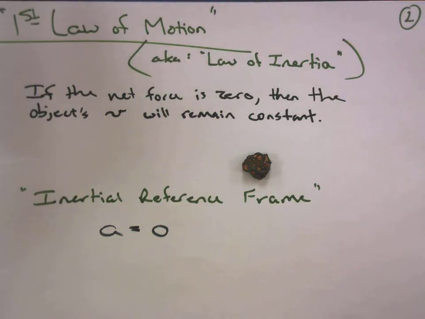Believe it or not, there's no test that you could conduct inside a moving reference frame, as long as your acceleration is 0, that'll tell you that you're moving. That will also not tell you that you're standing still. That's a weird sort of abstract way of thinking of it, but we'll consider this.